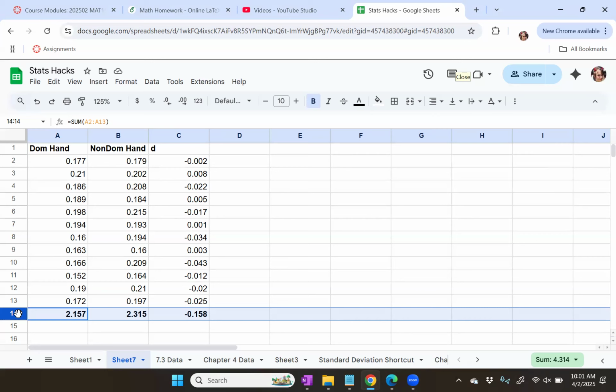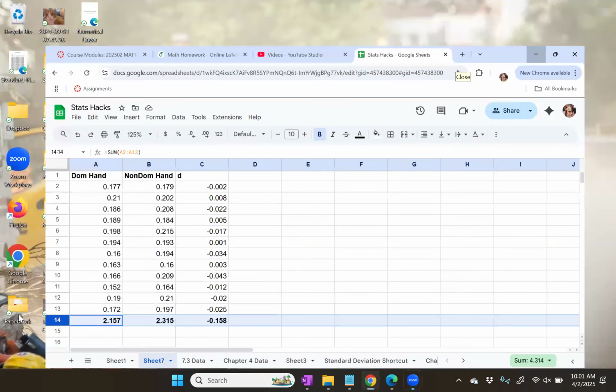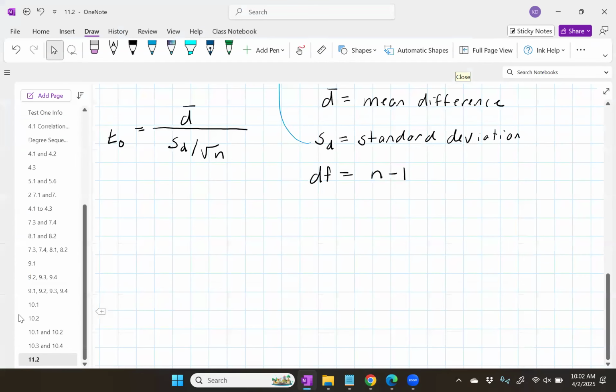So I add up all of my differences, I get negative 1.58. I'm going to bring that over here. No, I think I grabbed the wrong standard deviation.